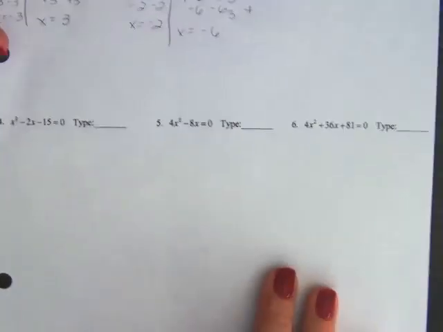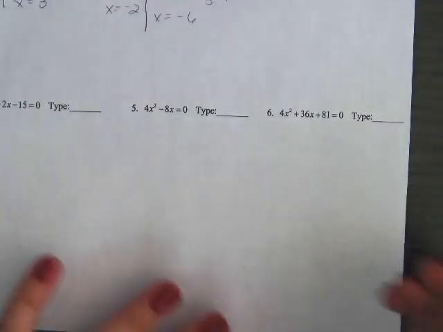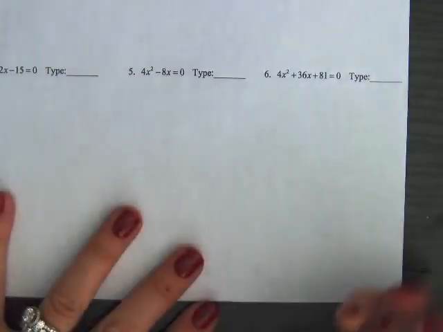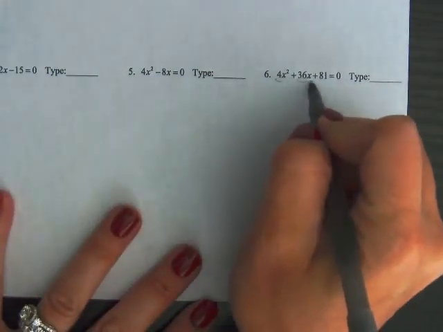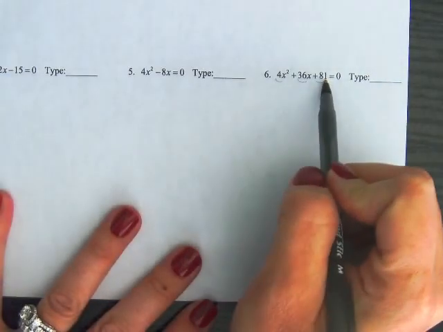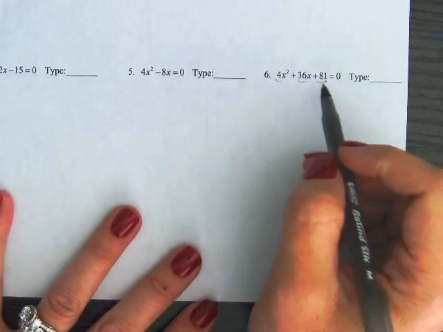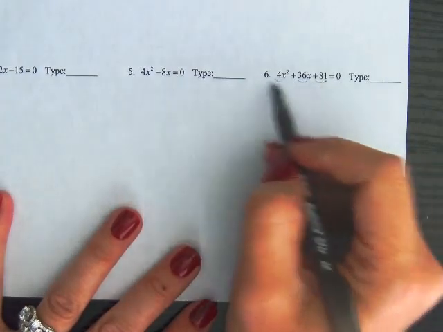I'm going to jump down to 6 because this one is tricky and you have to use reverse box method. So I look for GCF first. I cannot divide 81 by 4 or 2, which is the other factor of 4. So therefore, there is no GCF.